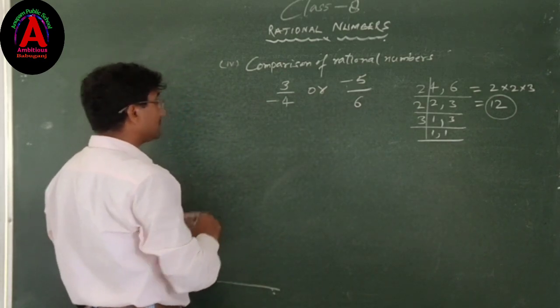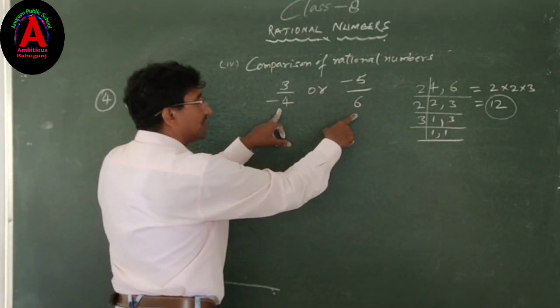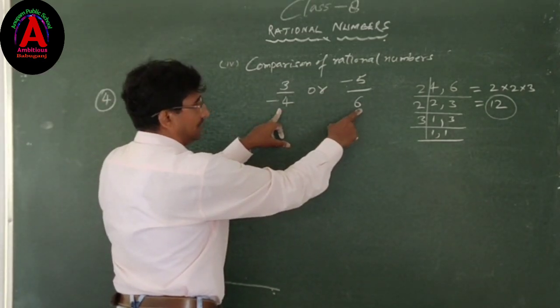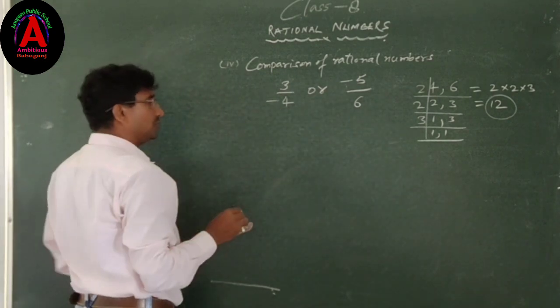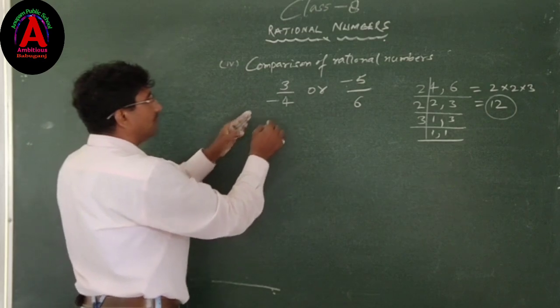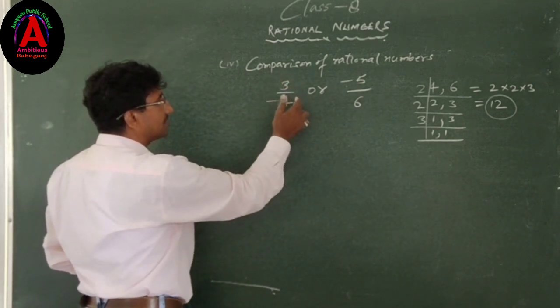The first step is that our denominator should be positive. So we will have to multiply by -1.